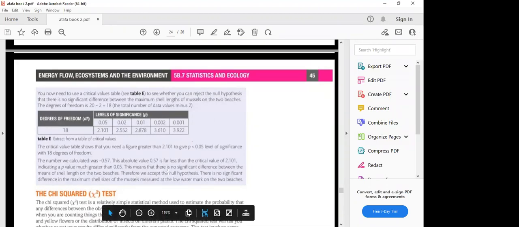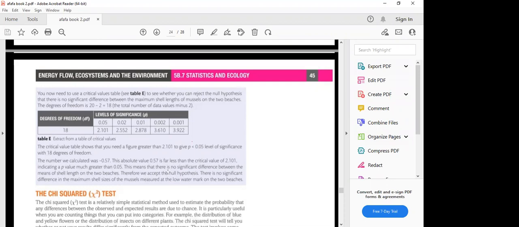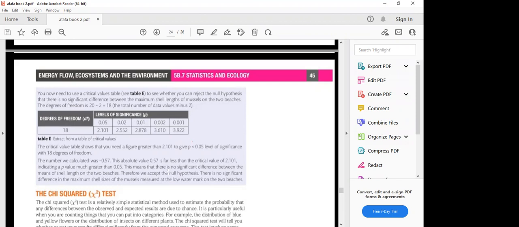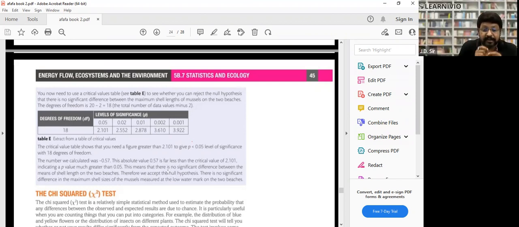So what is the level of significance? Table E. If the outcome is less than 0.05, then it is significant.